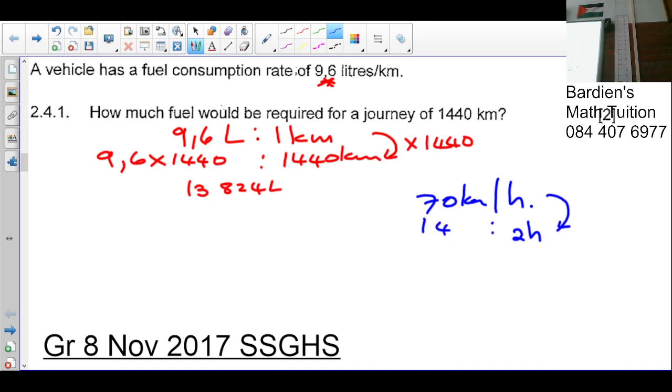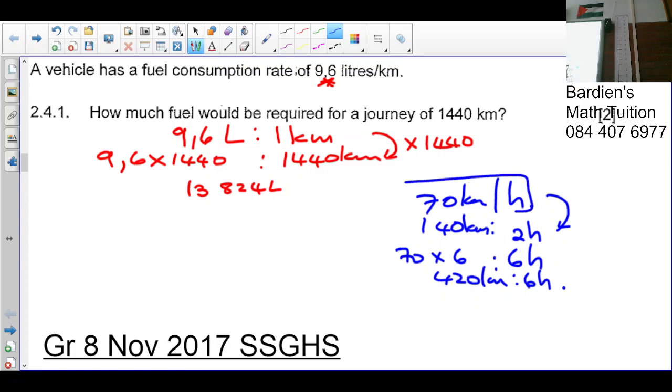So you get 140 kilometers. Can you see? Now, what if you got 6 hours? You're going to say 70 times 6, which is 420 kilometers in 6 hours. Can you see what I did? I took the rate and I multiplied according to its time. So that is 70 kilometers per 1 hour. If you see the slash here, that means you say per hour.